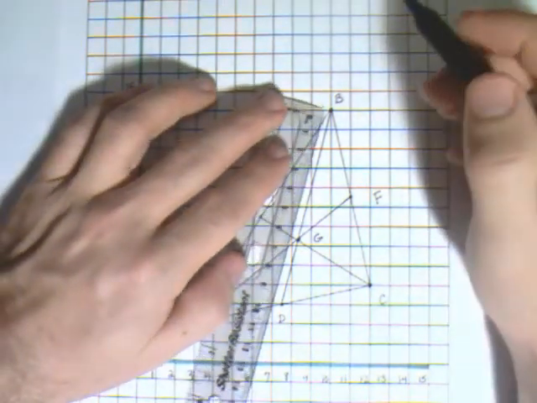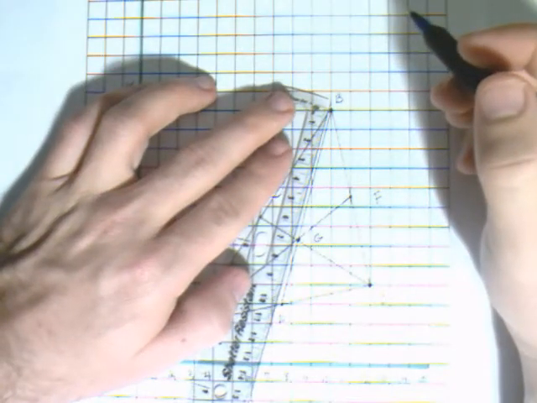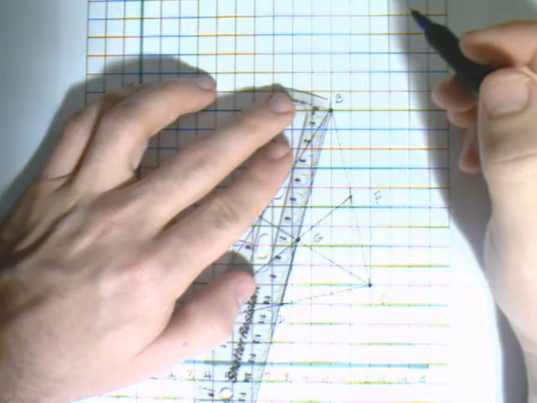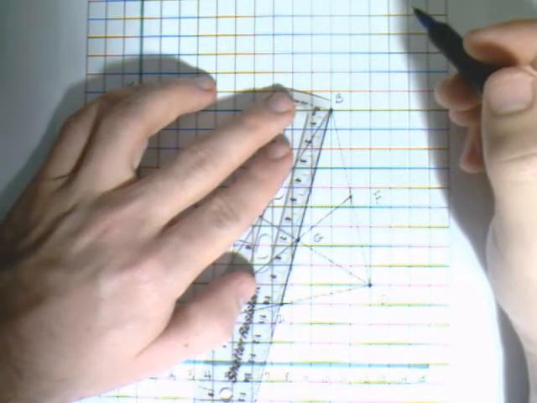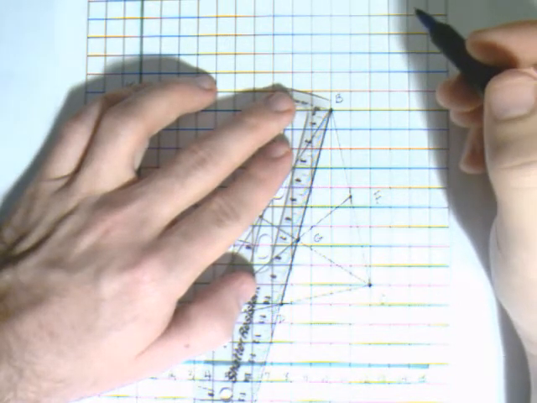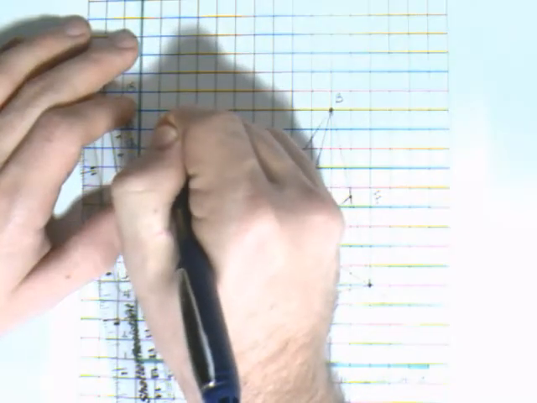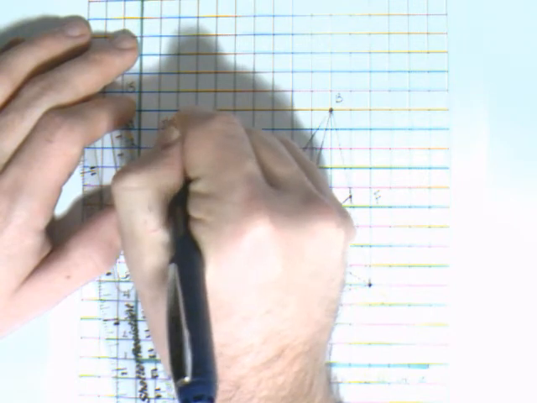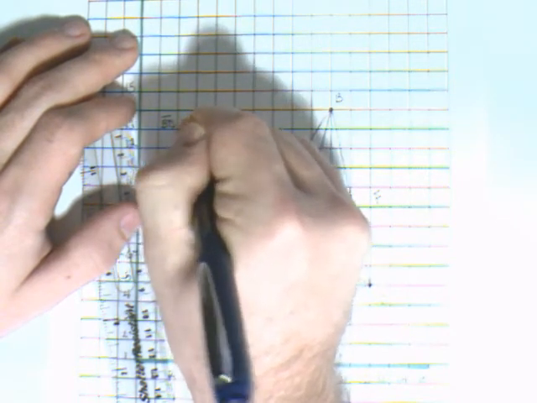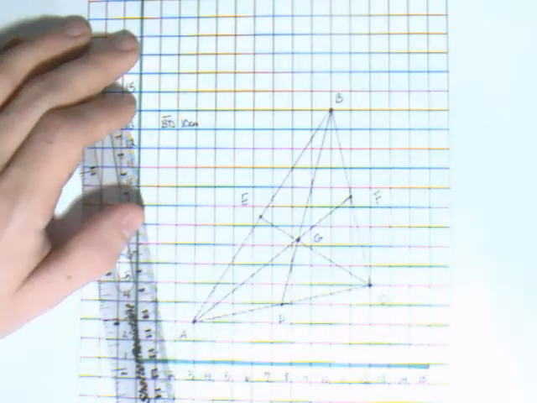The length of this median, segment BD, is 10 centimeters. So I'm going to write in the length of BD is 10 centimeters.